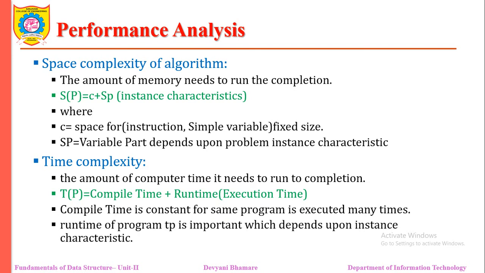So the run time of the program is important, and it depends on our instance characteristics. Means while calculating the time complexity, we consider its execution time, that is run time, as compile time is a constant for the same program.